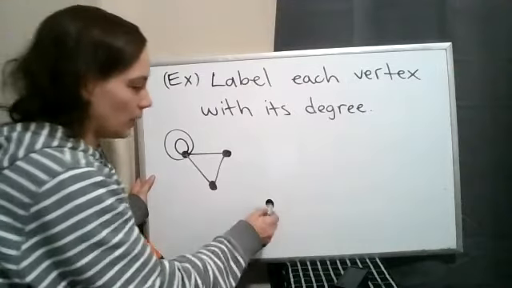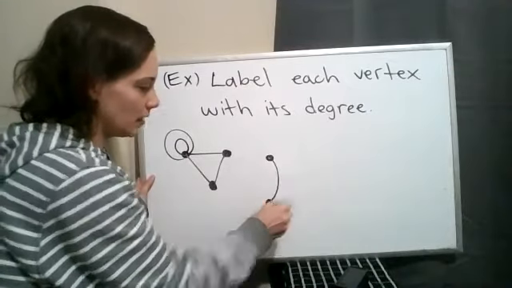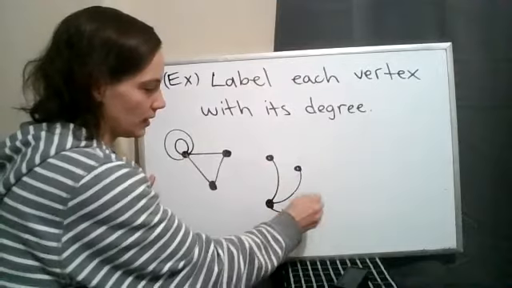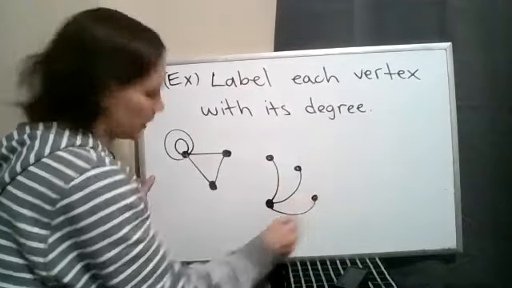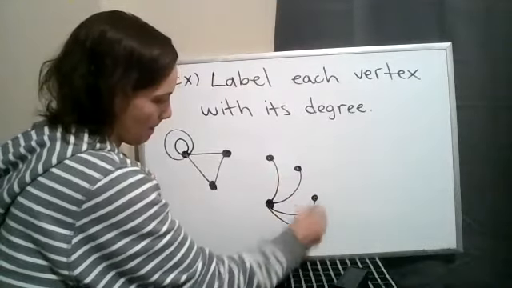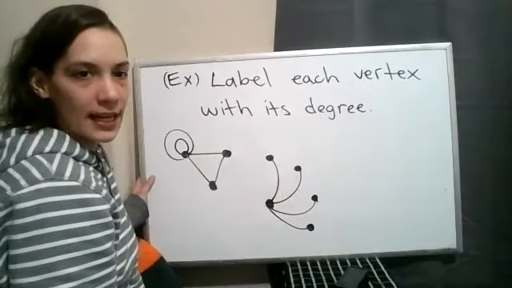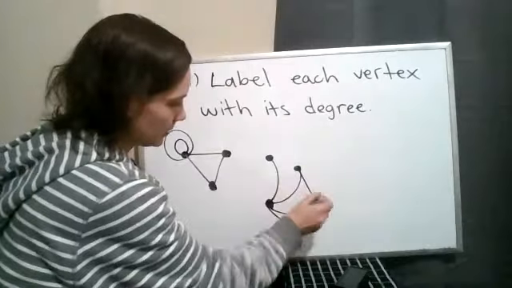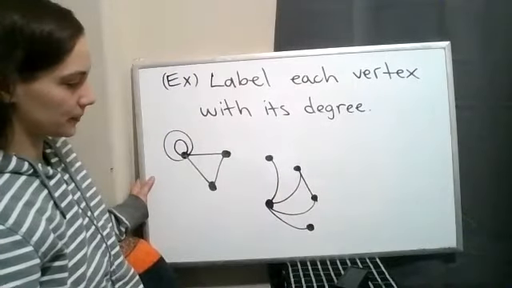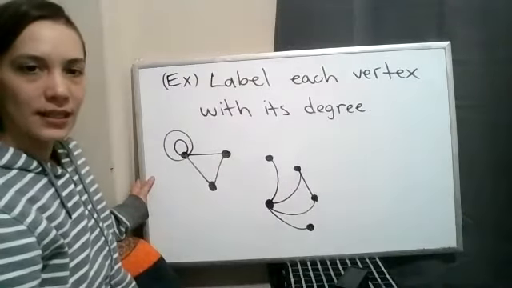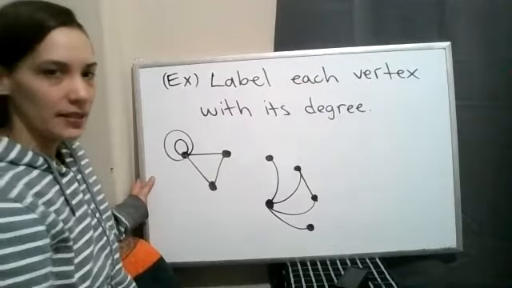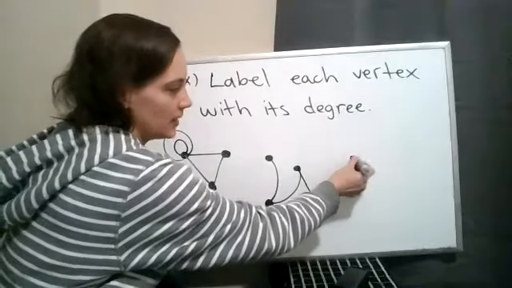We will go 1, 2, 3, 4. And we're going to connect this right there to the next piece. We have a diamond.